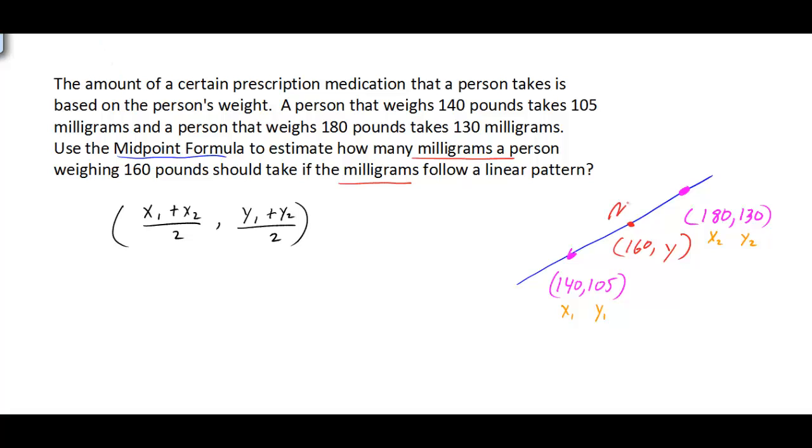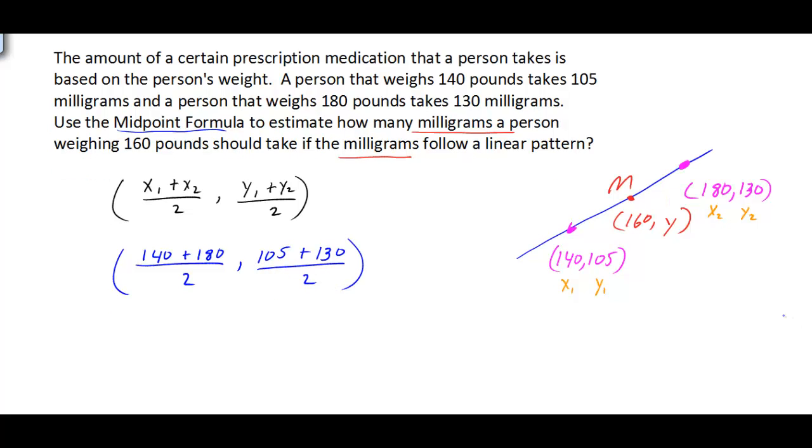To calculate this midpoint, we plug in our values: x1 plus x2, so it's 140 plus 180, all divided by 2, and then y1, 105, plus y2, 130, so 105 plus 130, all over 2.